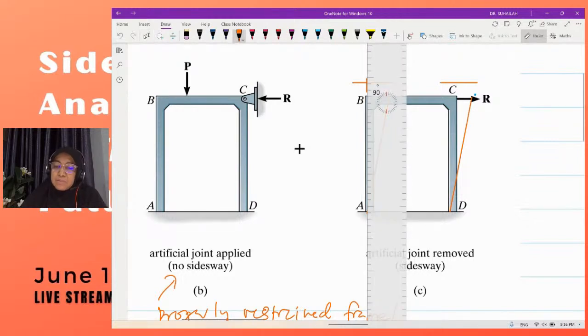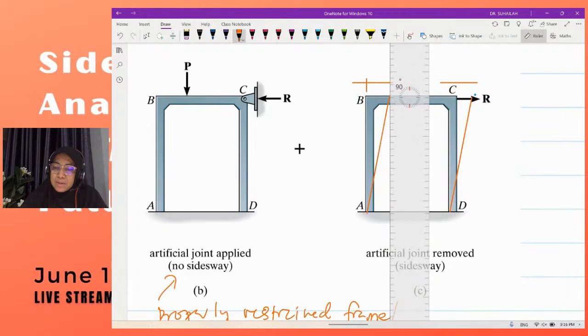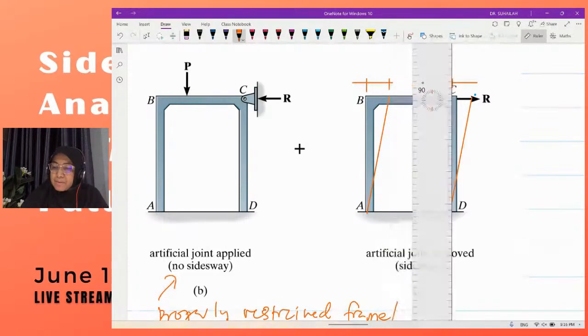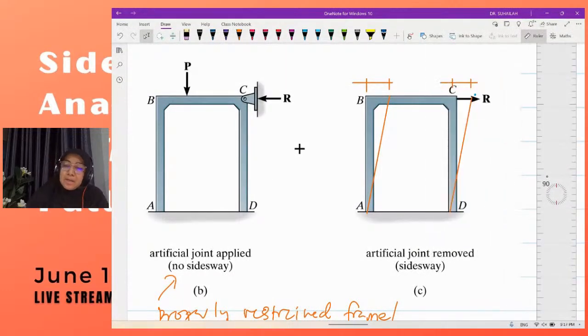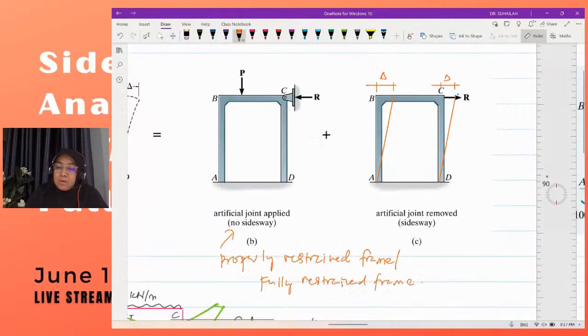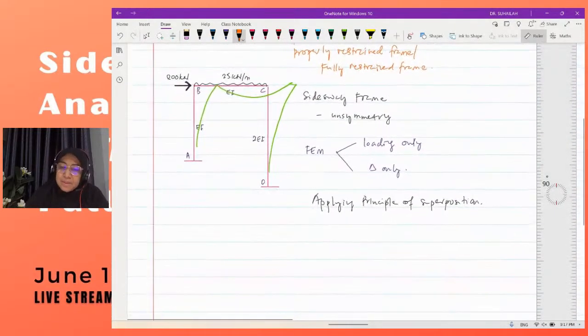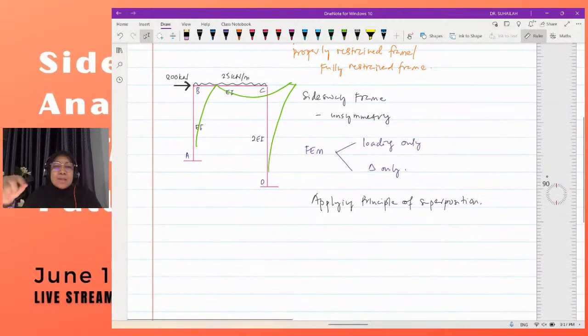The horizontal movement is the delta. Assume it moves with the same amount at B and C.